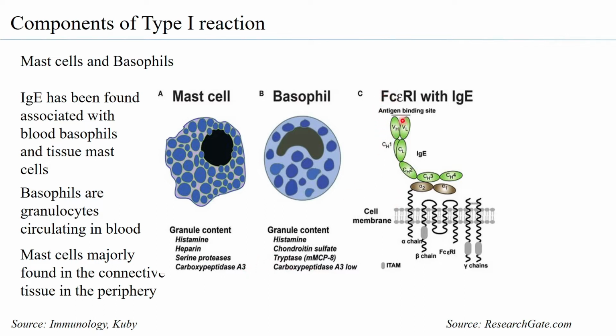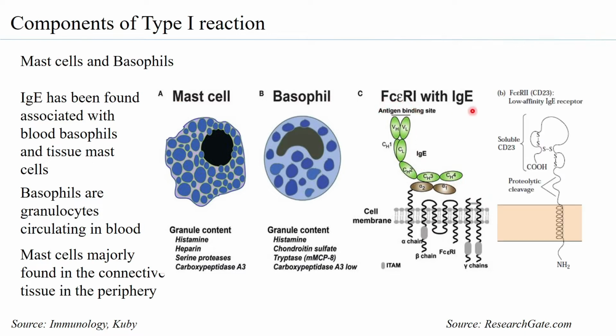Now, there are two receptors for the IgE that can be present on the mast cells, one is Fc epsilon R1 and the other one is Fc epsilon R2. The Fc epsilon R1 is considered to be the high affinity receptor for IgE. And as you can see, Fc epsilon R1 has three polypeptide chains, that is alpha chain, beta chain, and the gamma chains.